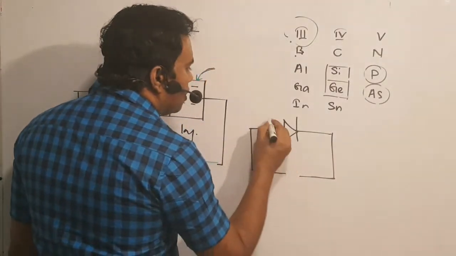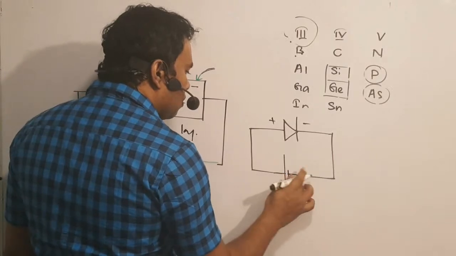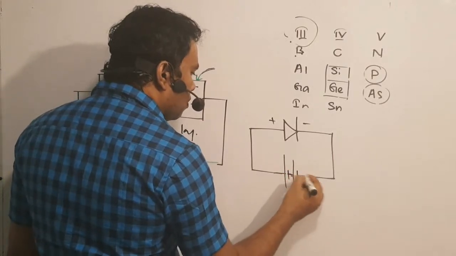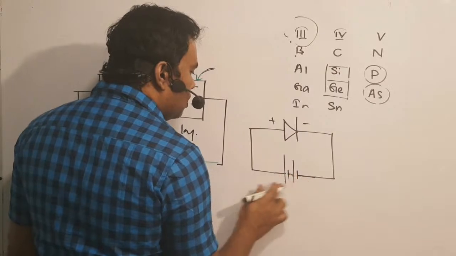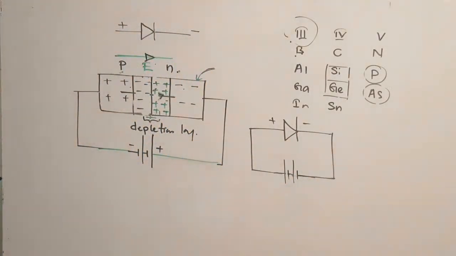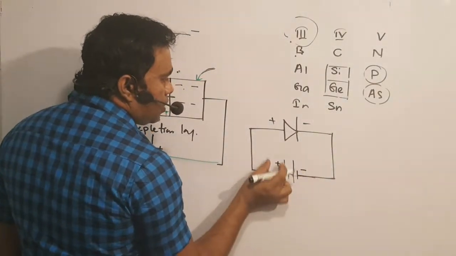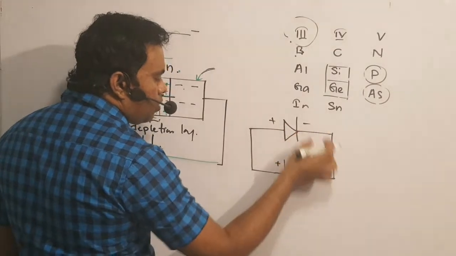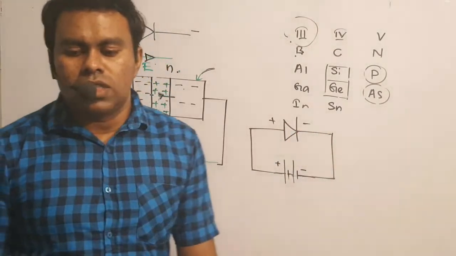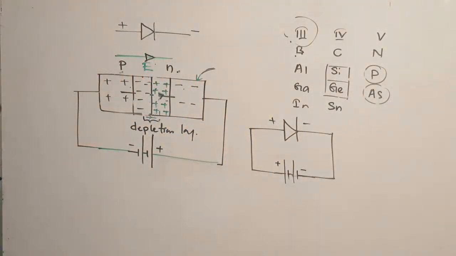So here's the positive and this is the negative side. Now this is forward biased or reverse biased. Okay, so this positive to positive, negative to negative is given. So this is actually forward biasing.